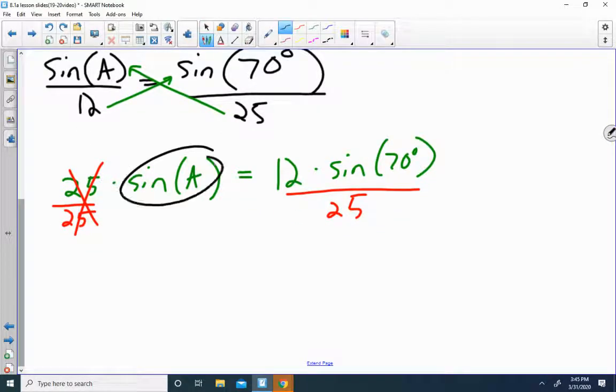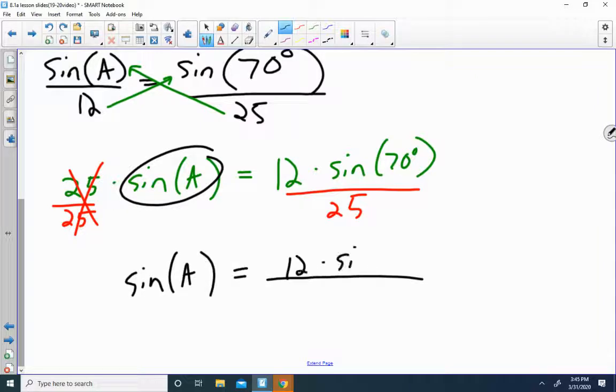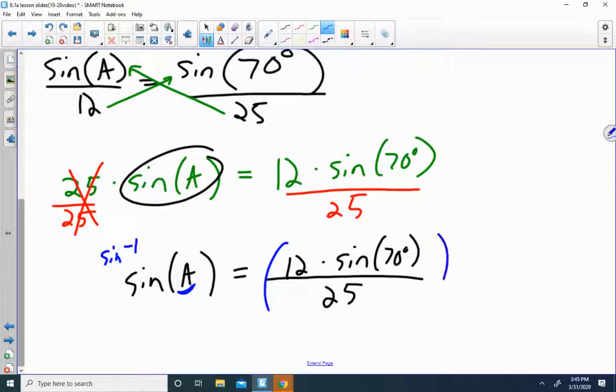So now over here, all I have is sine of A, and that's going to be equal to 12 times sine of 70 degrees all over 25. And again, I need to find big A. And to find big A, I've got to take the sine inverse of both sides.